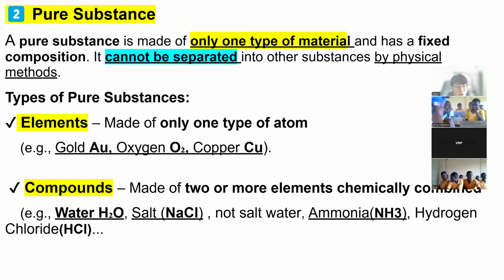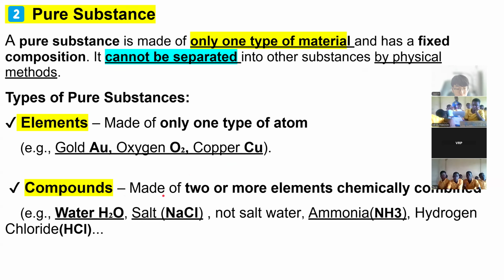So there are two types of pure substances. They're elements, which are made up of only one type of atom, like gold, oxygen, copper. They are all elements.